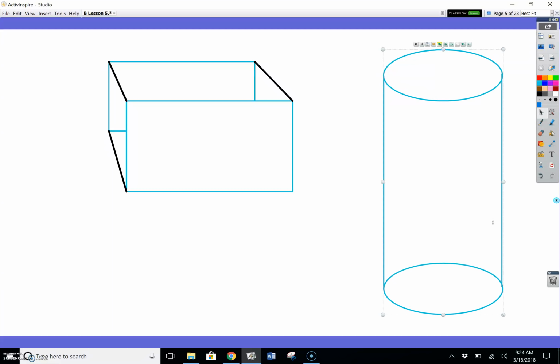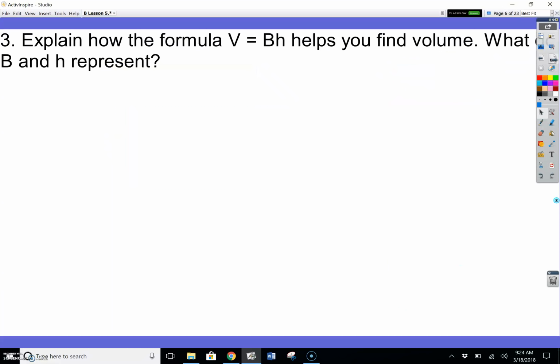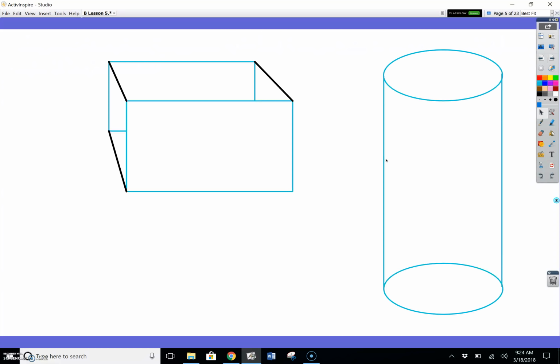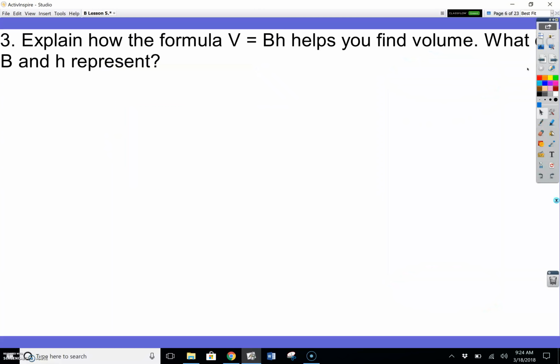Let's explain how to find the volume of either a prism, which is a rectangular prism, basically when you have two sides that are equal and parallel, or a cylinder. It says volume equals the base times the height.